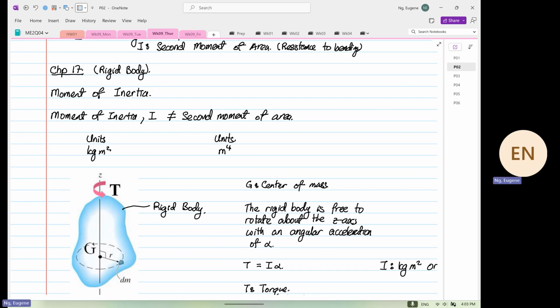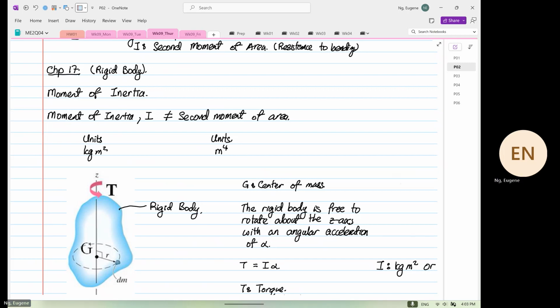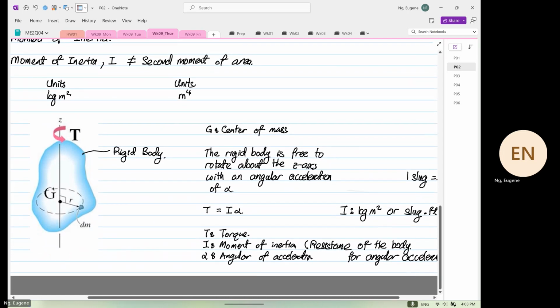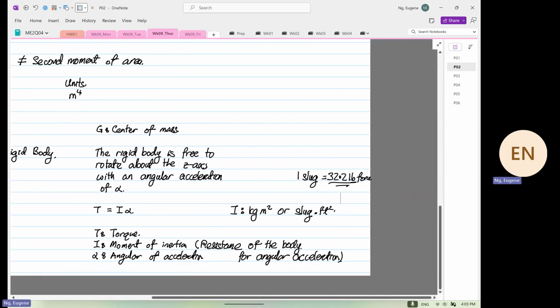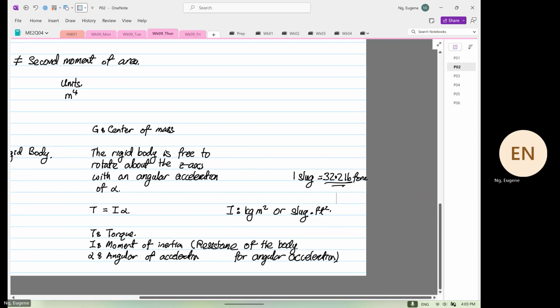Okay. No, just slug per feet squared. So one slug is equal to 32.2 pound force. Are we clear? Remember the 32.2. I will give you the number in your final exam. Don't worry.